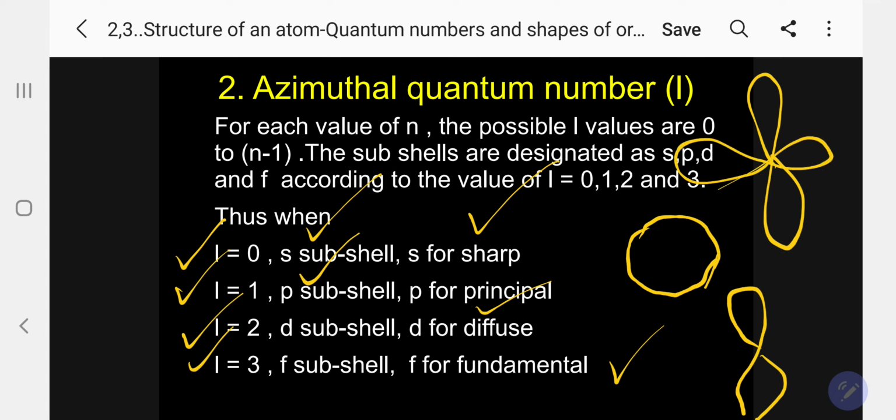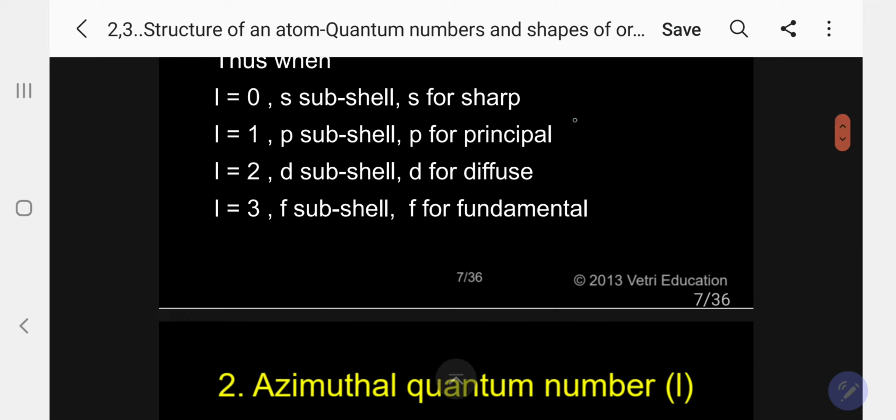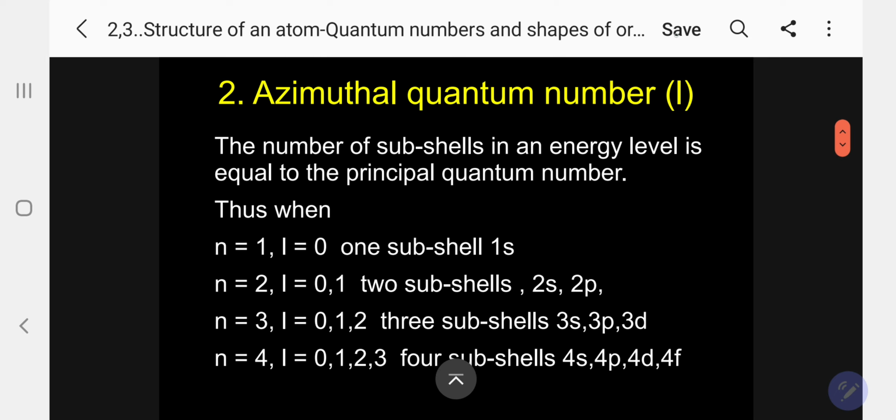Everything will come later. So, L equal to 0, this is the shape. L equal to 1, this is the shape. L equal to 2, this is the shape. L equal to 3, it is complicated, we cannot draw. Okay, right.